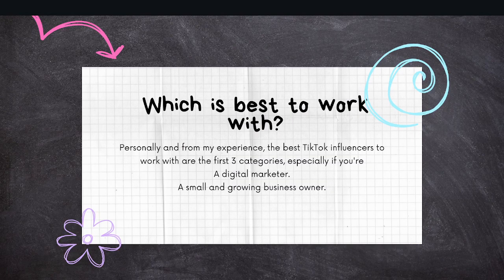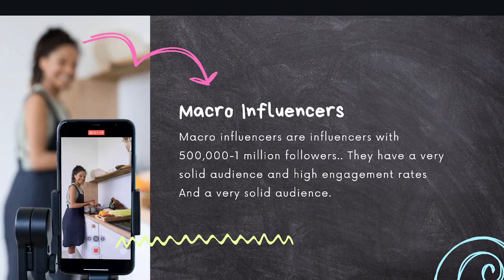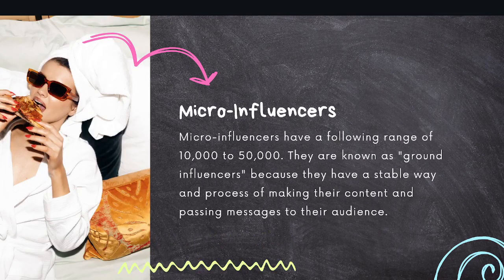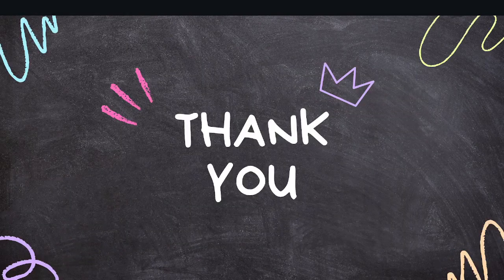So, which is the best to work with? Personally, and from my experience, the best influencers to work with are the first three categories. Like I said, I've already explained that: nano, micro, and mid-tier. Why?